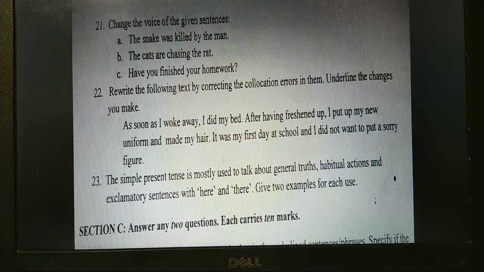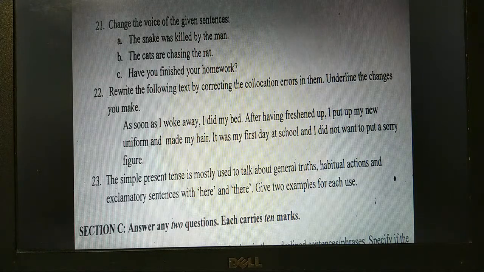Active voice, we have to change it into the passive. The cats are chasing, present continuous. So you will change it this way. The rat was being chased by the cats. Look at that. The rat was being chased. You are using being there to show the continuity. The rat was being chased by the cats.